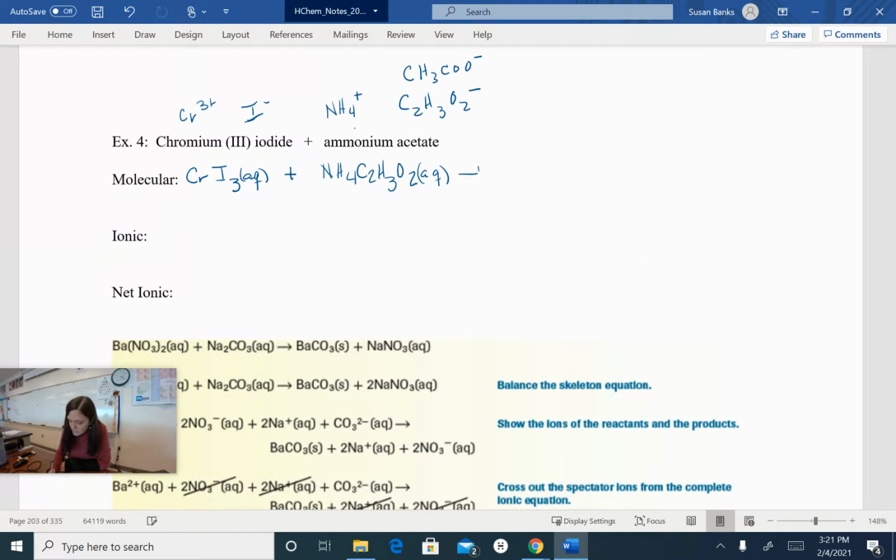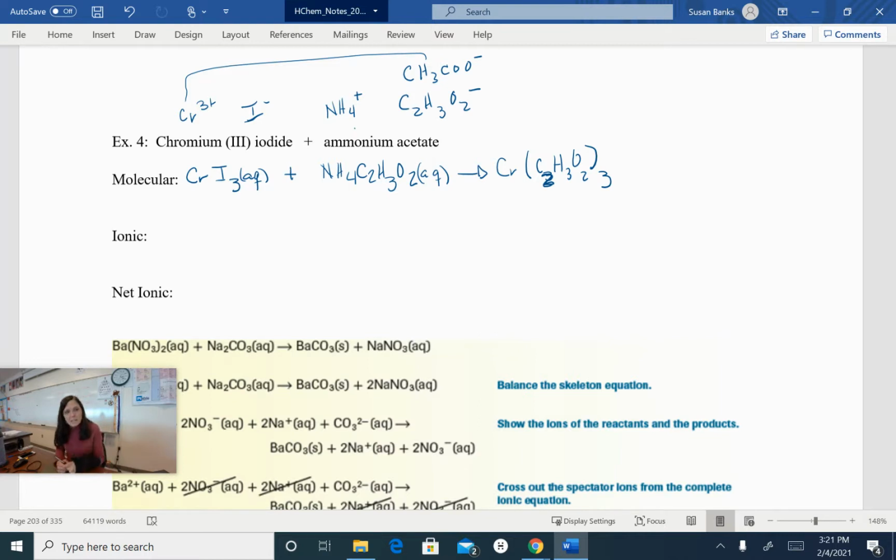Okay, now double displacement. So chromium is going to get together with the acetate. Chromium is a positive 3, and acetate is a negative 1. So I'm going to need 3 acetates, or that's a C2H3O2. And I'm going to need 3 of them.